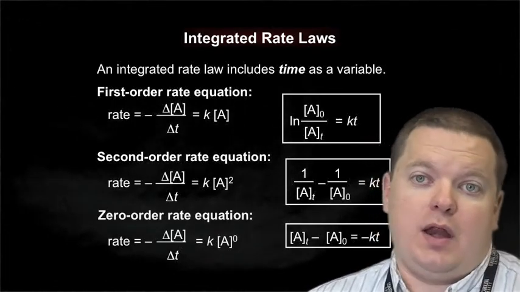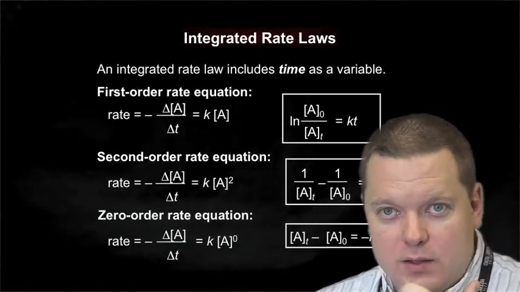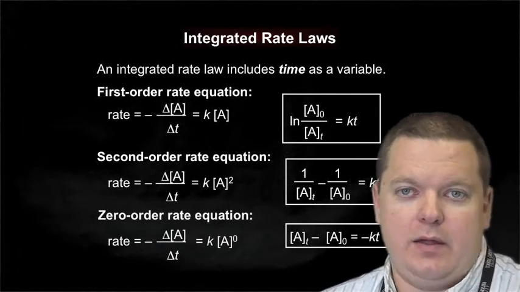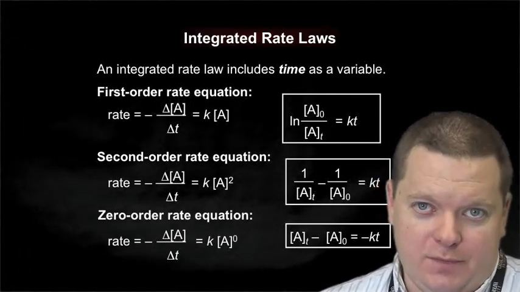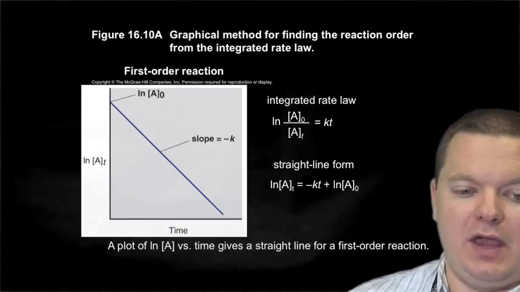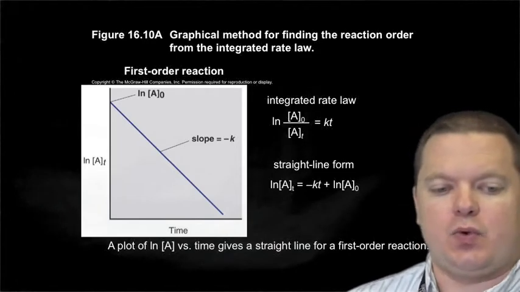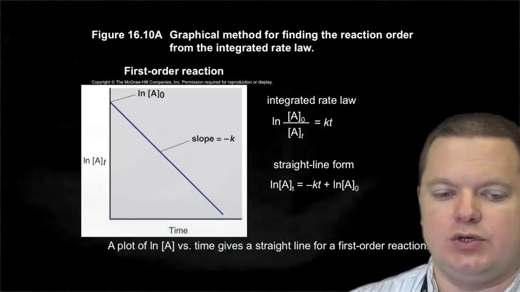So these are our integrated rate laws, and what they essentially allow us to do is graph our data using these forms, the straight line equation. If we get a straight line, that's going to be that order. So if we look at the first order first, we have the integrated rate law here. In the straight line form, we just move over the initial concentration.